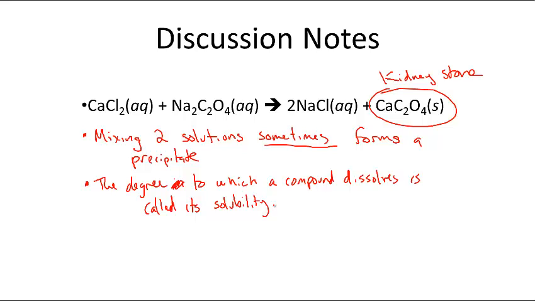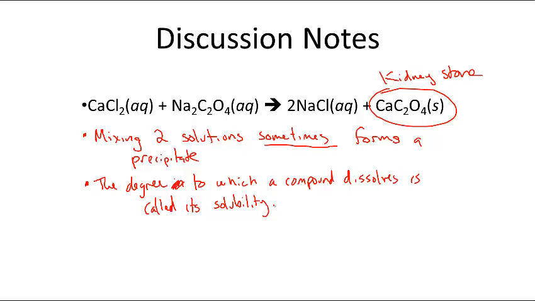We think of table salt as totally dissolving in water, and that's true. But if you keep adding tons and tons of table salt, eventually the water will get saturated, a word we've heard before, where the solution can contain no more solute, no more solid will go in. Now, every substance has its own solubility in water.